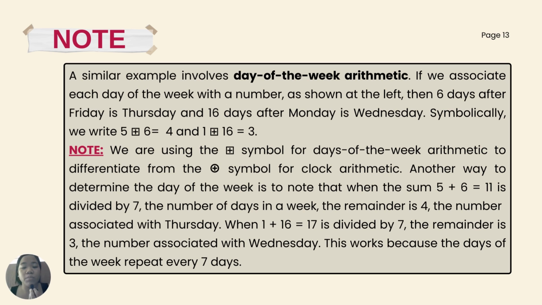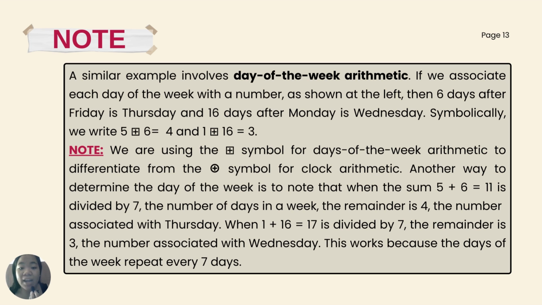So let's put our givens. We have here 5 for Friday, since Friday is the 5th day. And then we add 6 days, since we are looking for 6 days after, so plus 6. So 5 plus 6 is 11, okay? And then we divide it by 7, because there are 7 days in a week. Gets? So 11 divided by 7, and the remainder is 4.